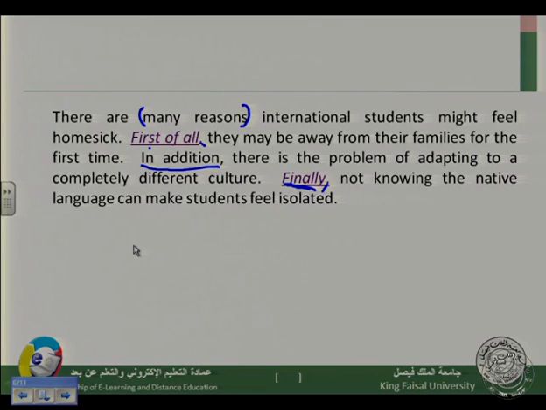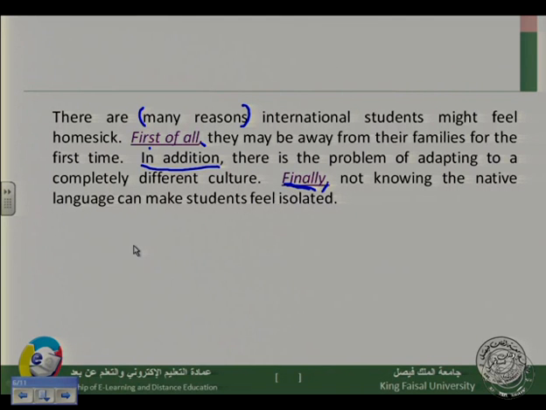Now, all in all, how many ideas do we have in this paragraph? We have 3 ideas. First of all, they may be away from home, from their families. In addition, which is second, really, the second idea, there is the problem of adapting to another culture. And then third, which is finally, not knowing the native language.